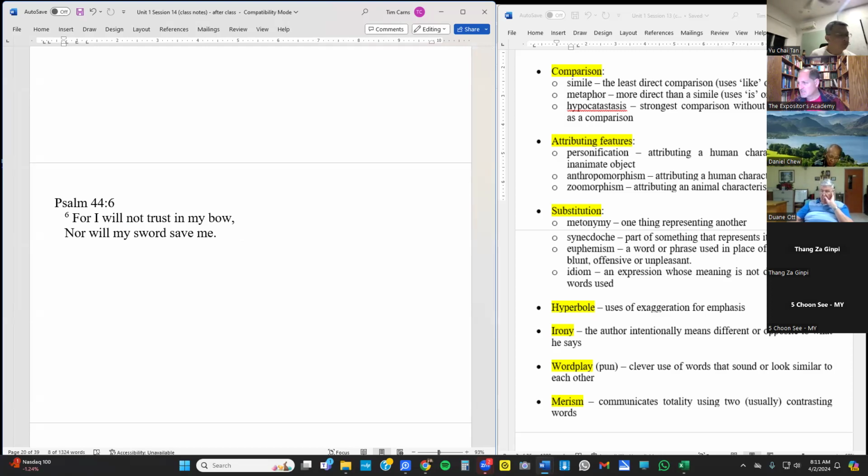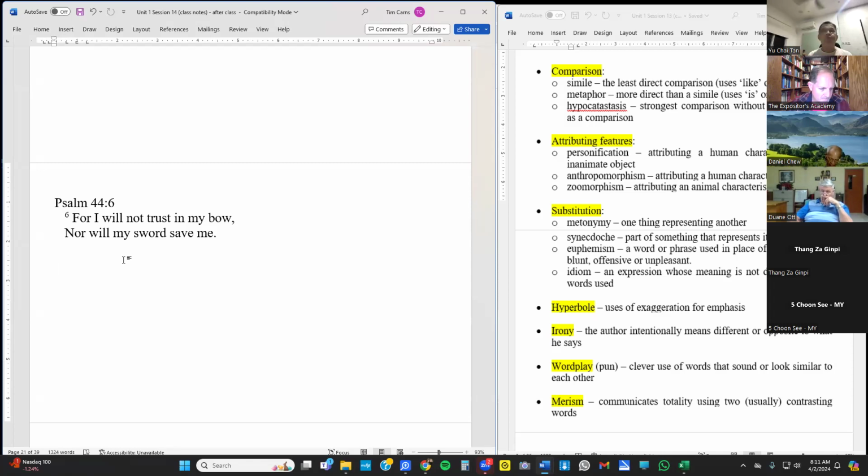I will not trust in my bow, nor will my sword save me. So this one's a little tricky. I will trust. I think that is metaphor.